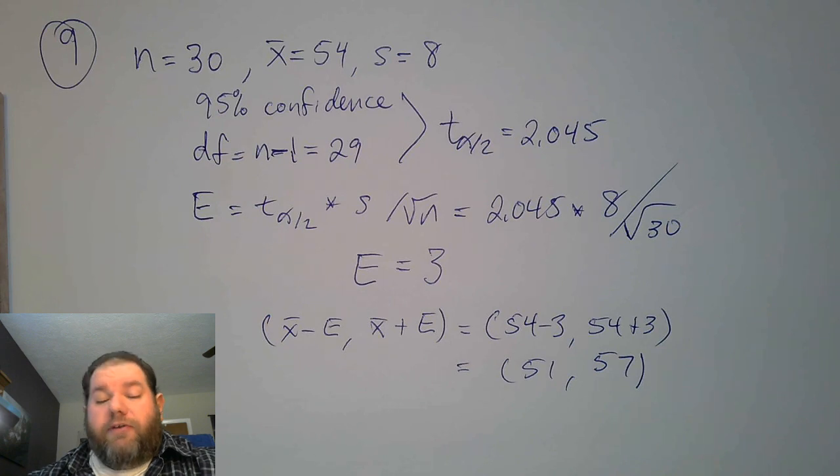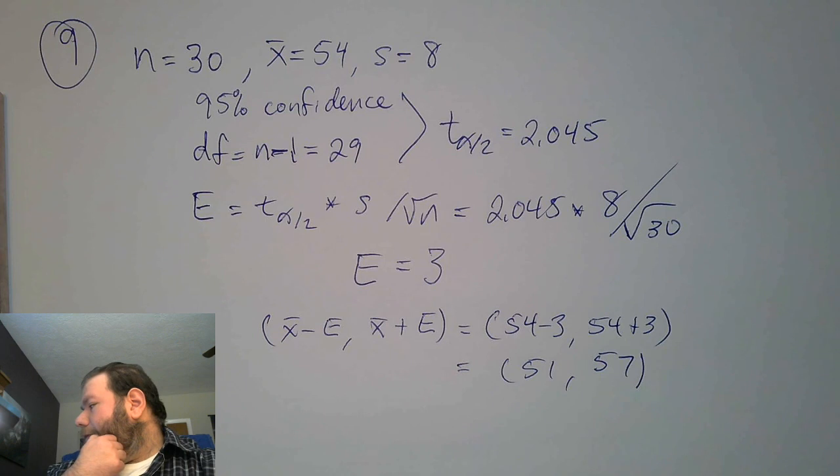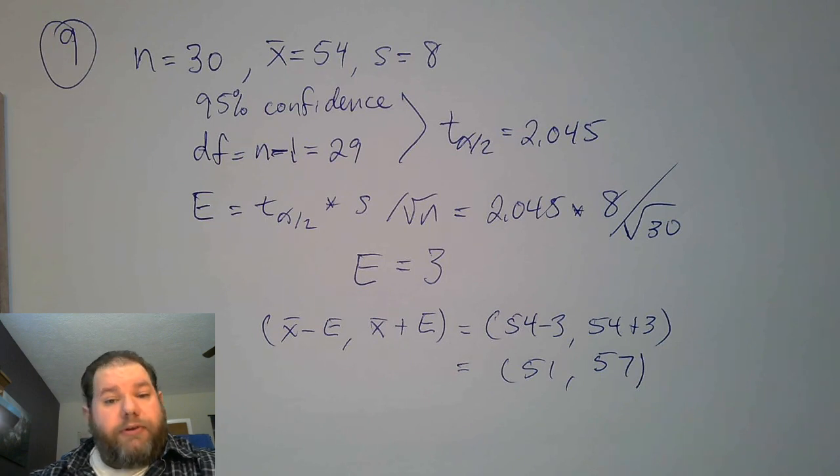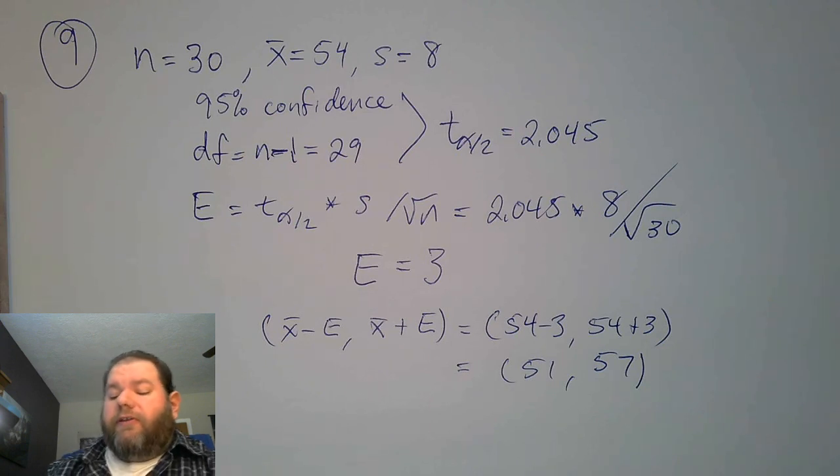Alright, so we have an interval of 51 to 57. And so that answers this question, but in the next question on the test, I'll have you follow this up with a statement regarding the interpretation of this answer. Like, what does this actually tell us that we got 51 and 57?